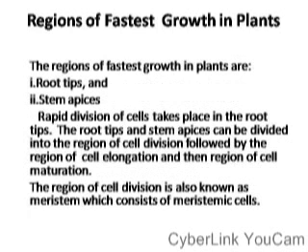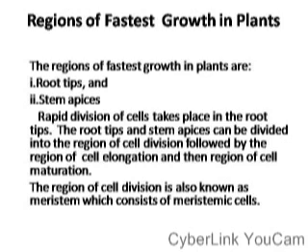Then let us look at the regions of fastest growth in plants. The regions of fastest growth in plants are root tips and stem or shoot apices. Rapid division of cells takes place in the root tips and stem or shoot apices.